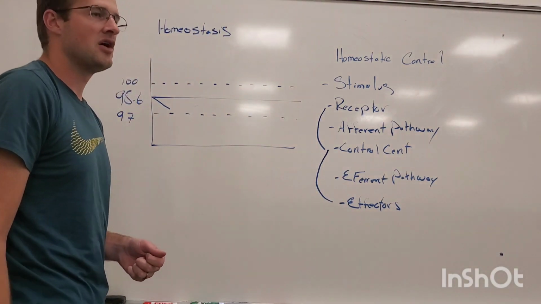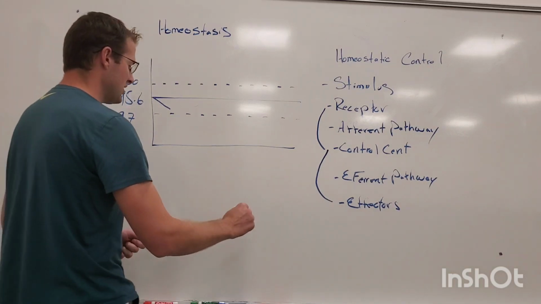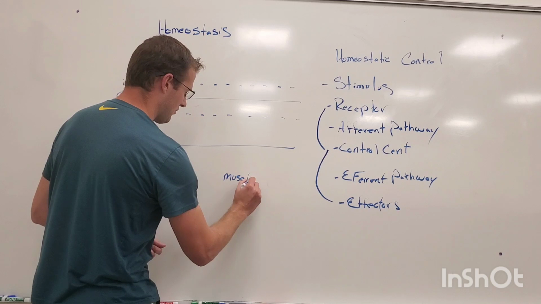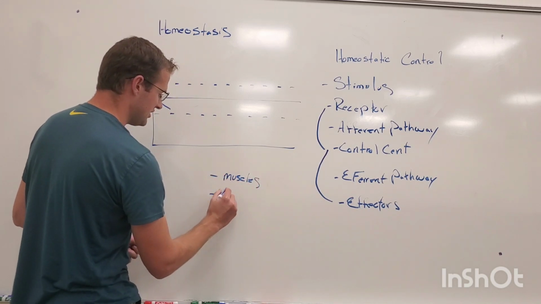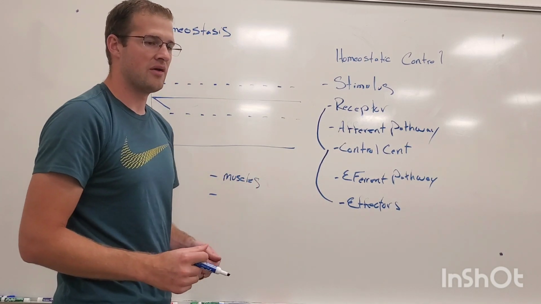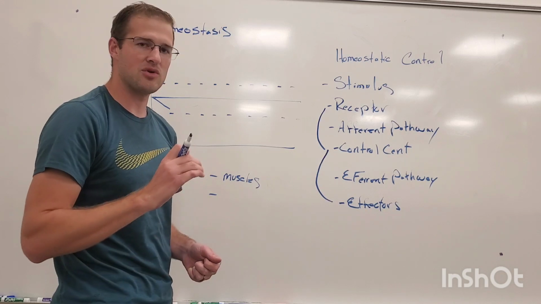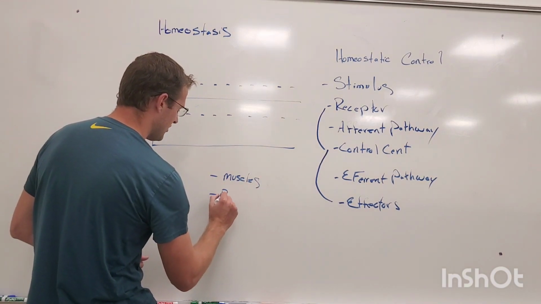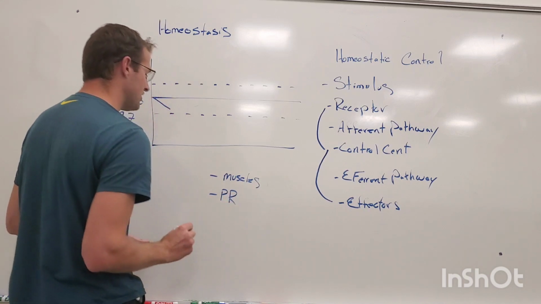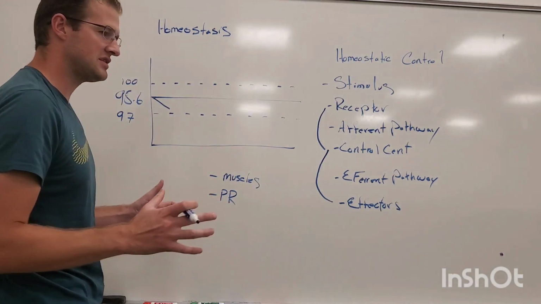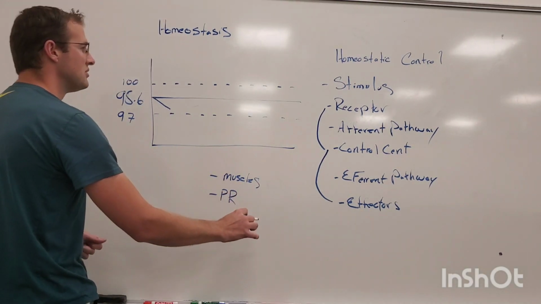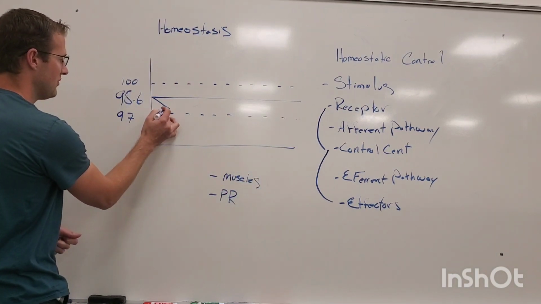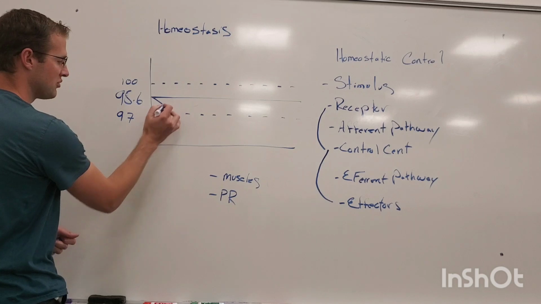Now in this case, effectors can be our muscles. It can also be peripheral resistance, so the diameter of our arteries in our extremities. We're just going to call that peripheral resistance, PR. And these are what are going to try to reverse this temperature decrease in our body.